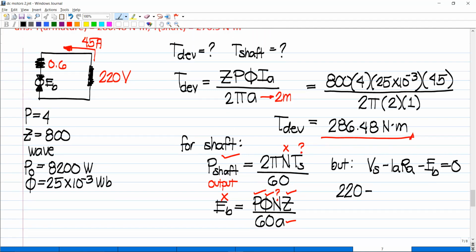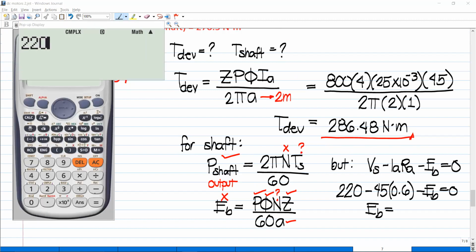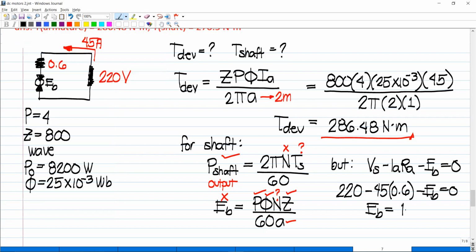So nasa circuit yon. Sinulat natin 45 amperes. And then the armature resistance is 0.6 minus the E-back. This is equal to 0. So we can now solve for the E-back. 220 minus 45 times 0.6. So the E-back is 193 volts.